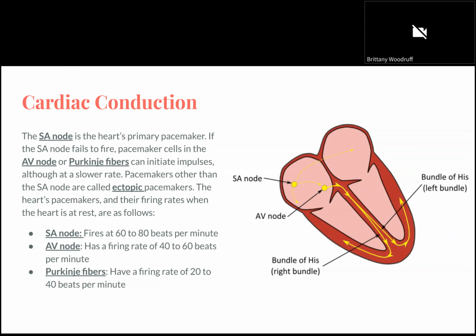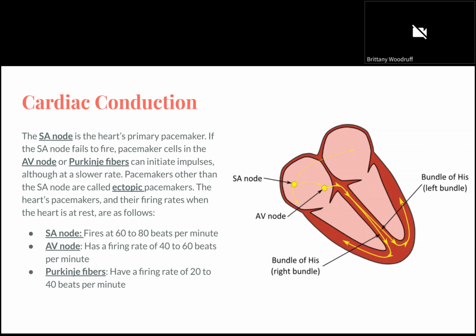Now, it is really important for your heart to beat rhythmically and at the correct rate. So your heart has a couple fail-safes. If the SA node fails, your AV node will kick in. AV node: A stands for atria, V stands for ventricle, because it's found right on the border of your atria and your ventricle.